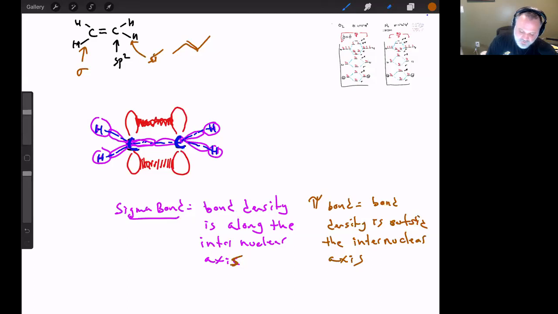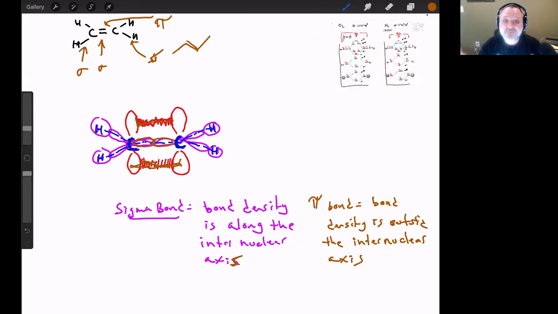But what's going on right here with the double bond in the middle? One of the bonds in the middle is a sigma bond. It goes along the axis. But the other one was outside of the internuclear axis, so it's a pi bond.